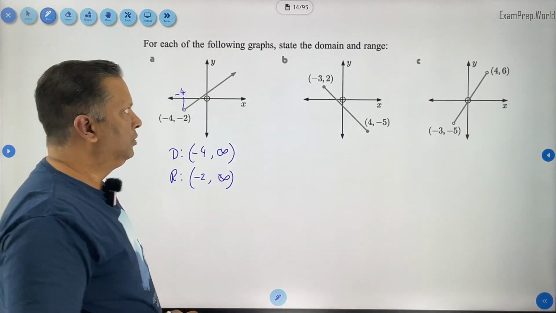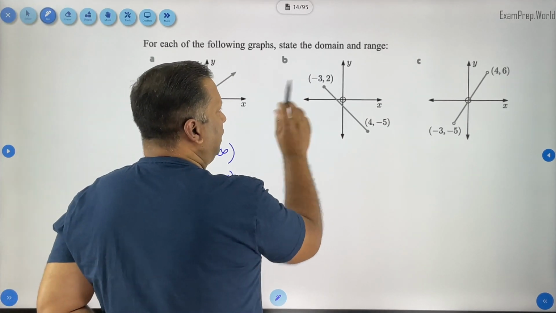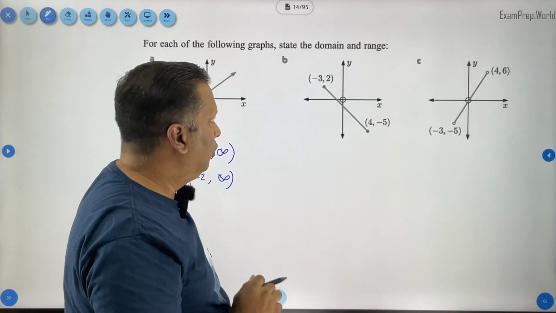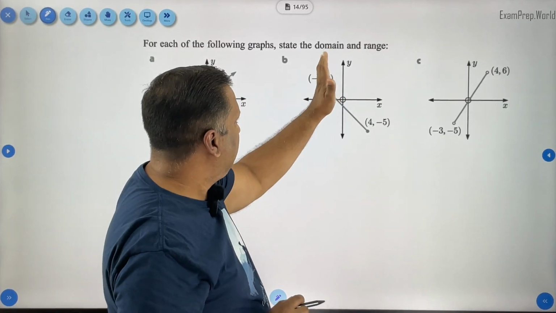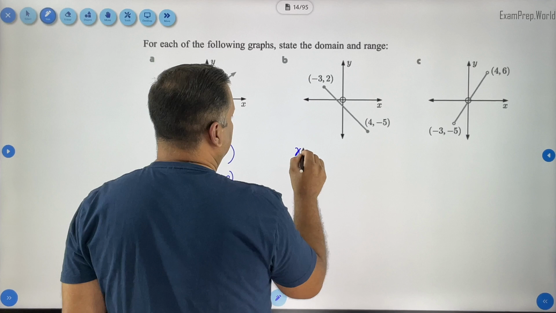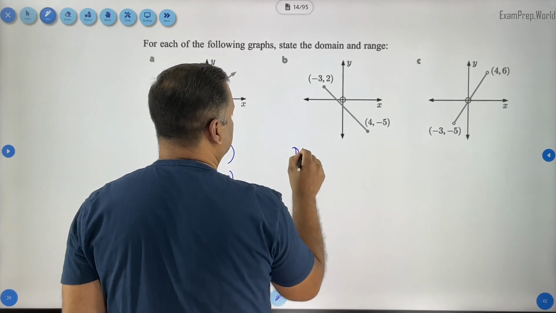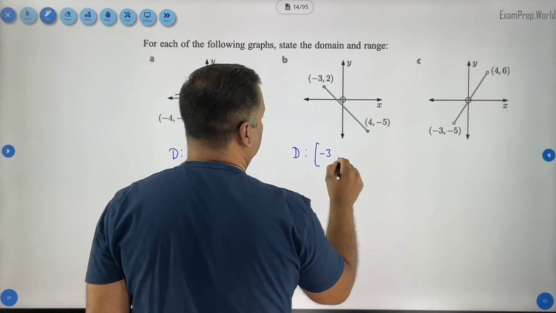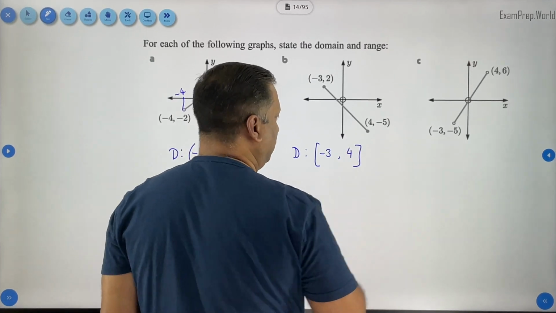For this one, here the only difference is there is no arrow. Both sides are closed. The function has a minimum x value and a maximum x value. So I can straight away write domain is -3 to +4, both included.